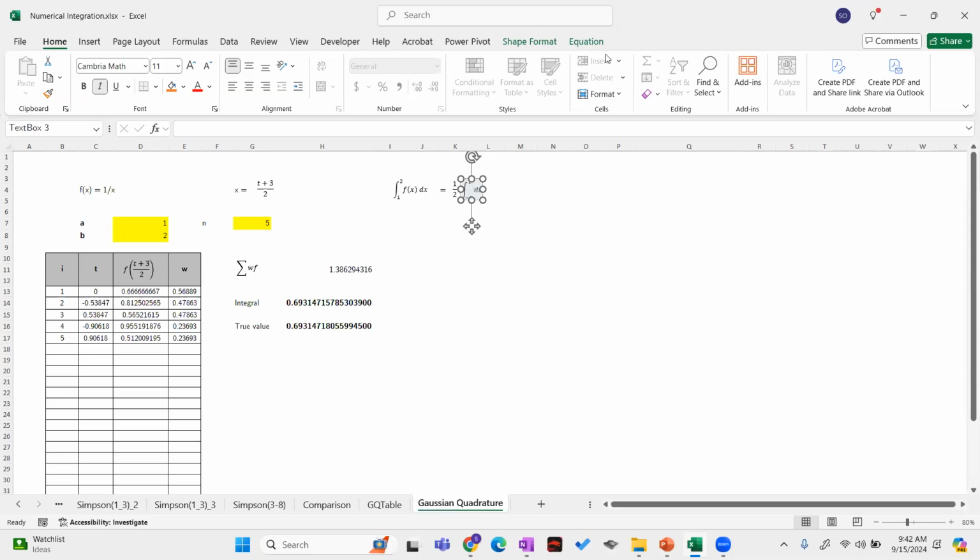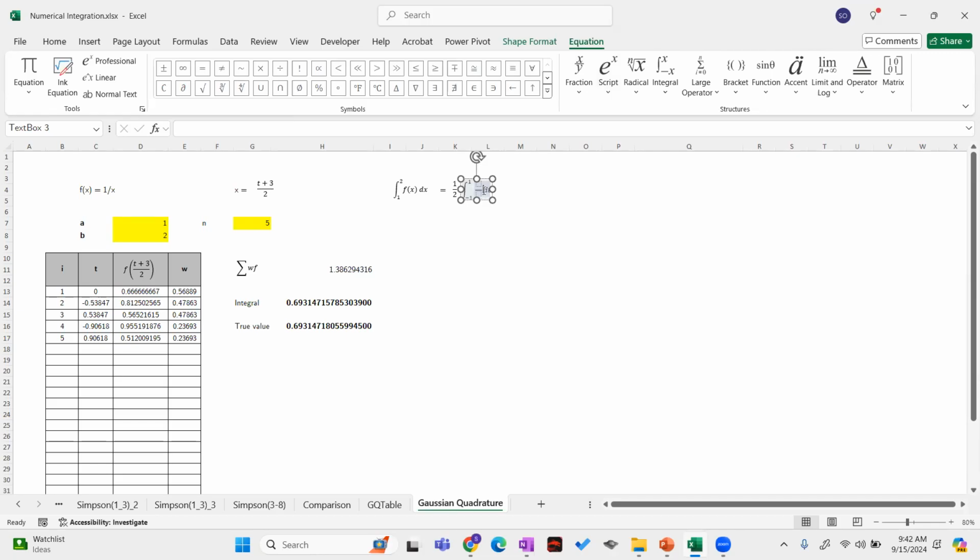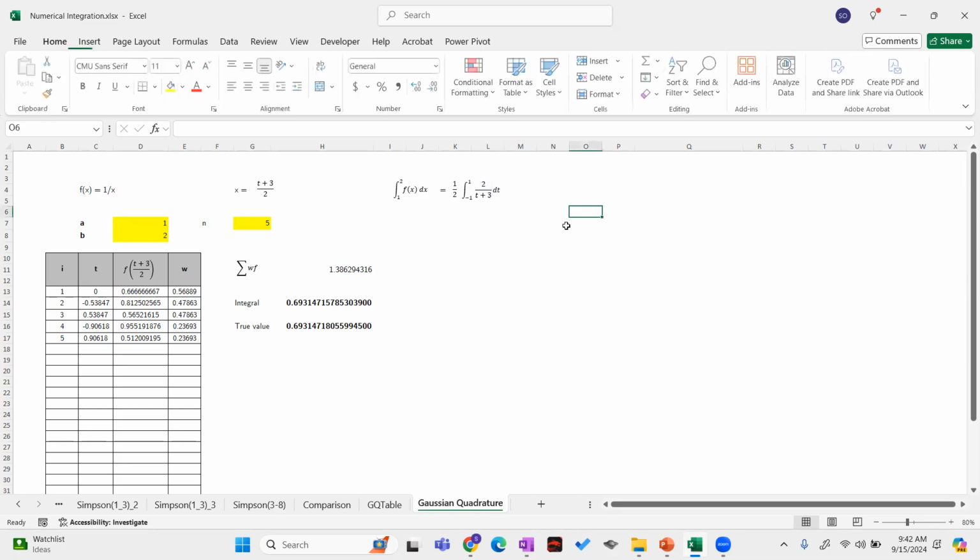Give me one moment. This is what we are trying to do. Okay. Now let's focus on this part and we'll just multiply by a half at the end.